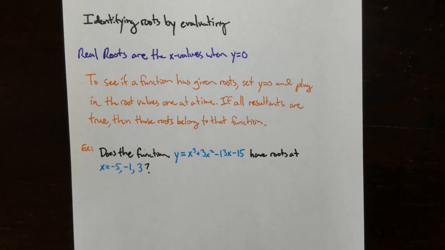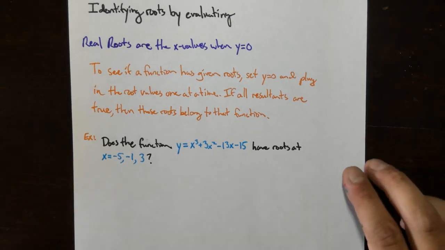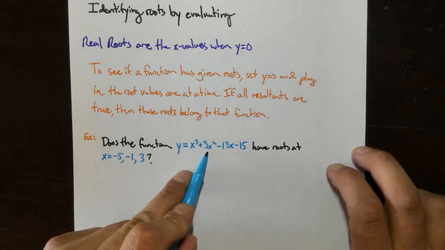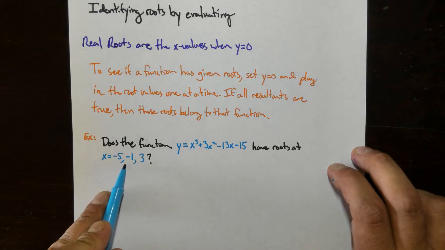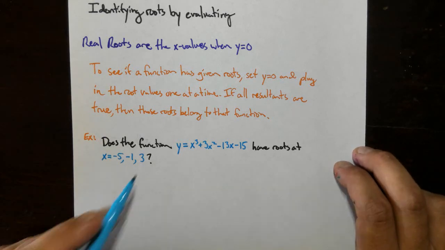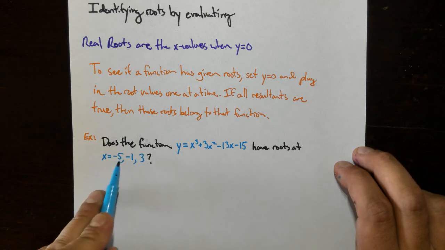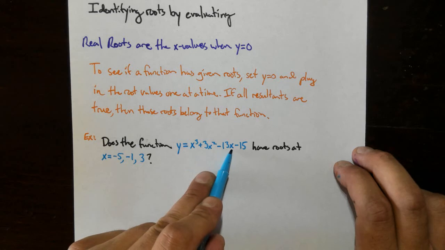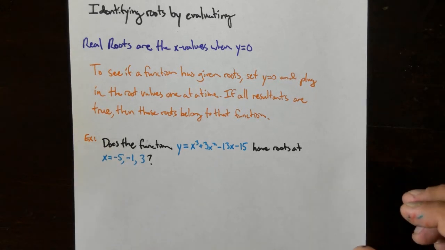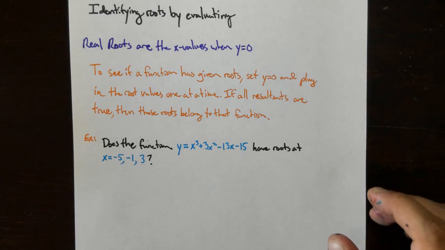So basically what I'm saying here is, what if I were to give you a function and I were to say, does it have these roots? Well, what we're going to have to do is, if I plug in, say, -5 every time I see an x and simplify, and it equals 0, then that's a root.